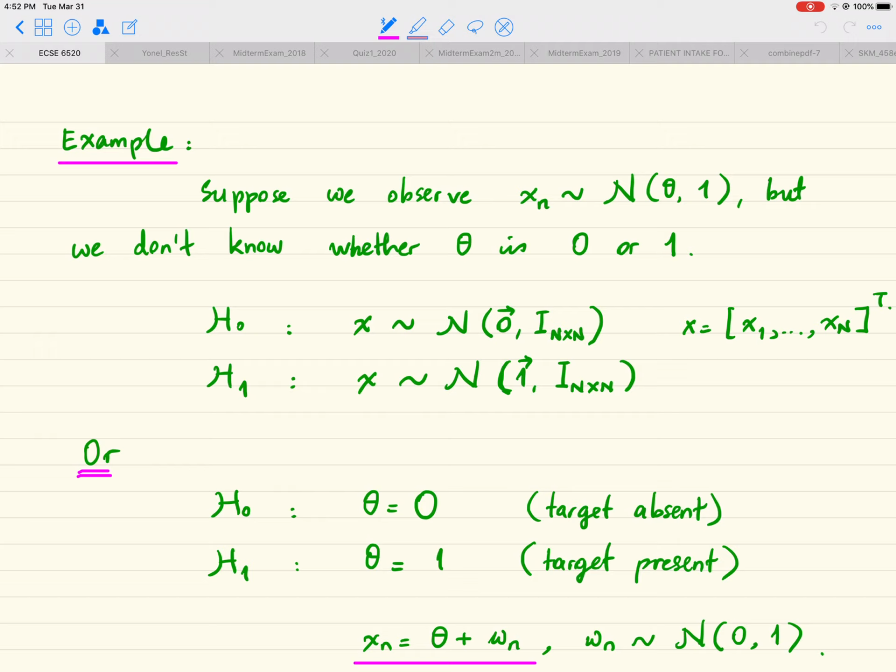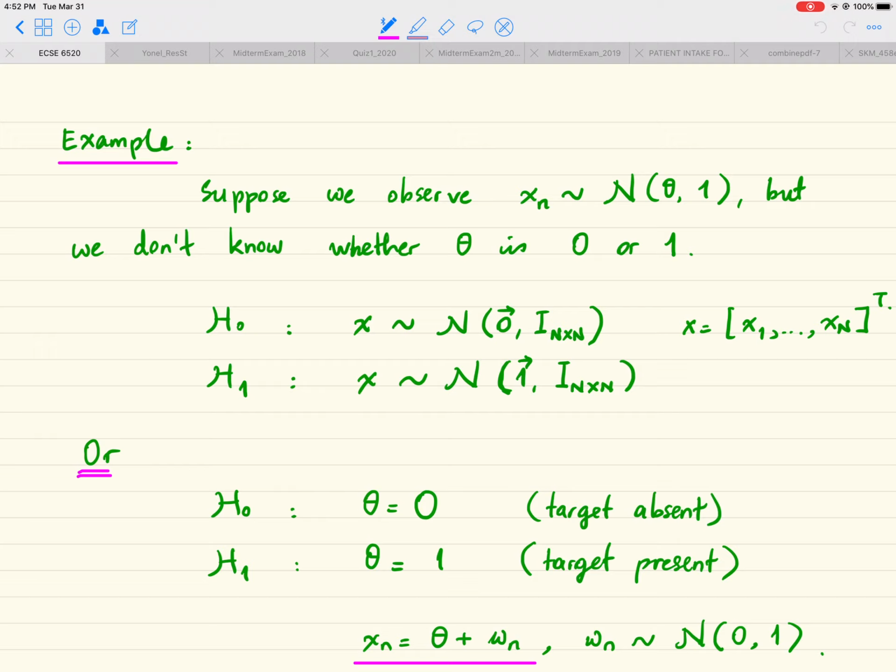We can state this hypothesis testing problem as x having a Gaussian distribution with 0 mean and unit variance, or alternatively x has a PDF which is Gaussian with mean value 1 and covariance being an identity matrix.